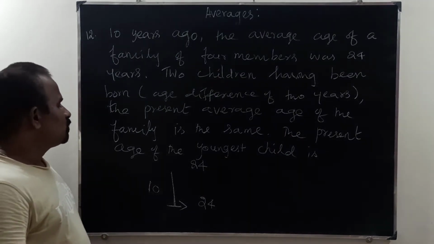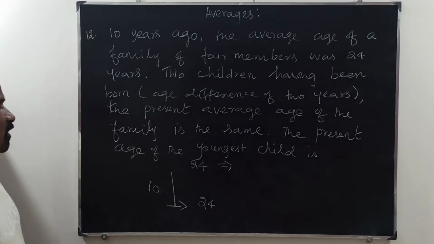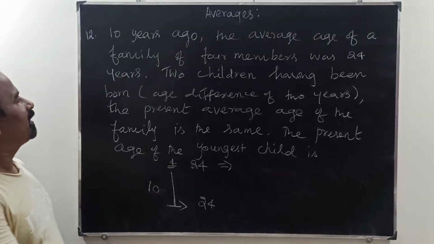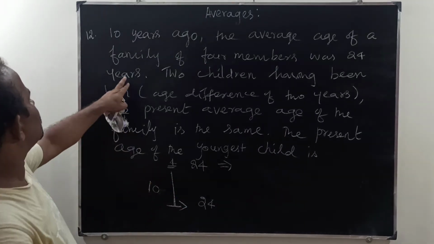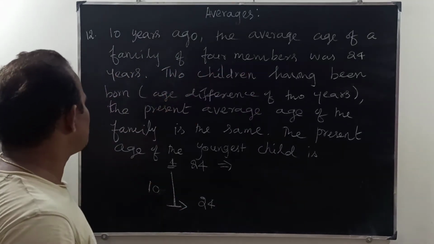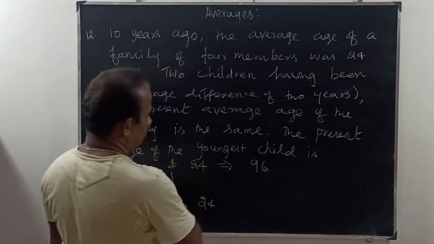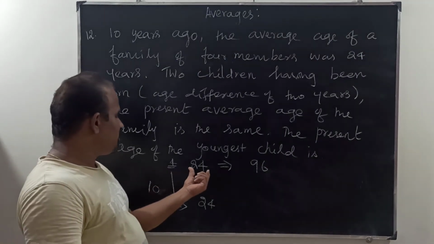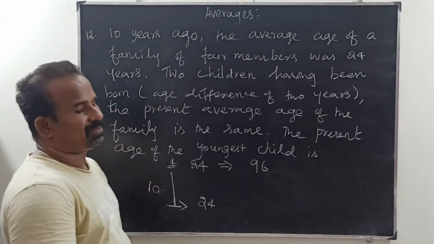Here what is the total age? A family of 4 members, average is 24. So the sum of the age of 4 persons is 96.